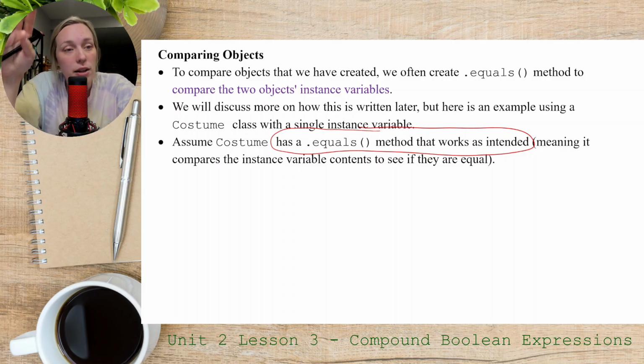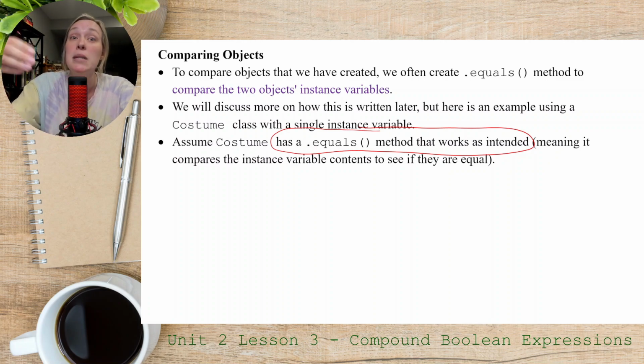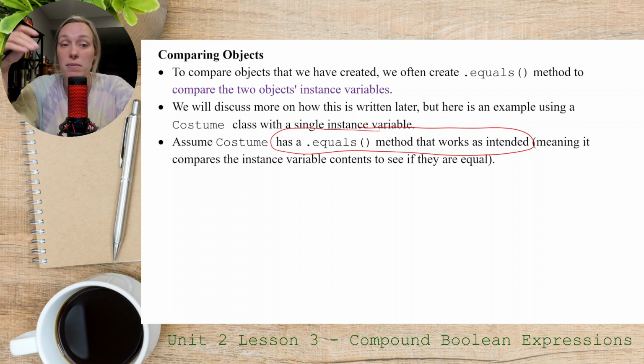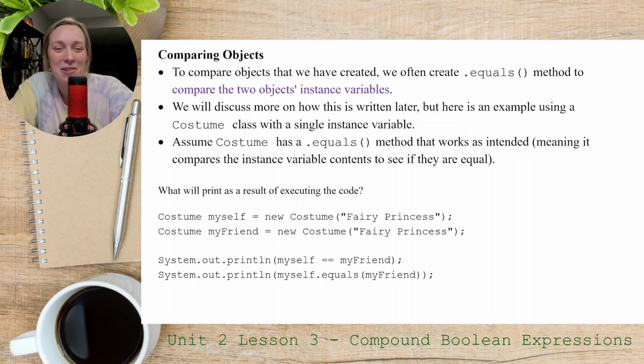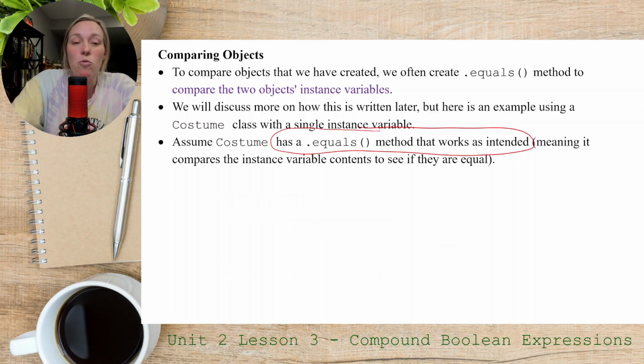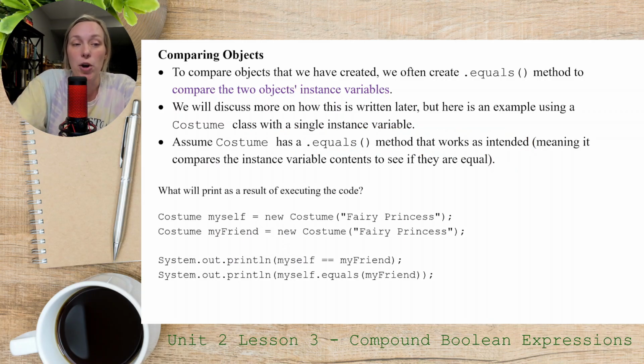So here's the situation. Costume has a dot equals method that works as intended, meaning it has an equals method that compares instance variables' content to see if they are equal. So what is printed as the result of the following code? I have a Costume myself equals new Costume fairy princess. That's why fairies were on my mind.